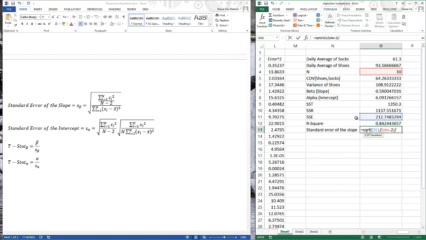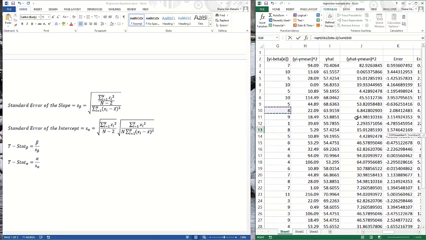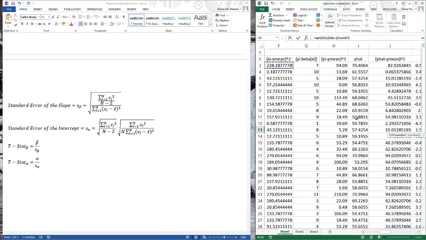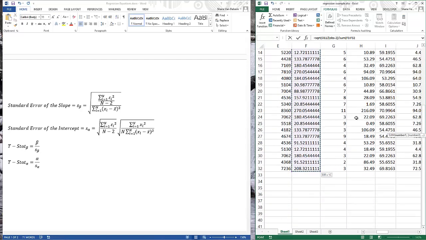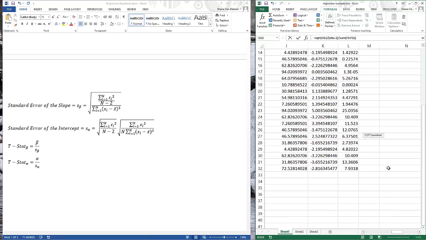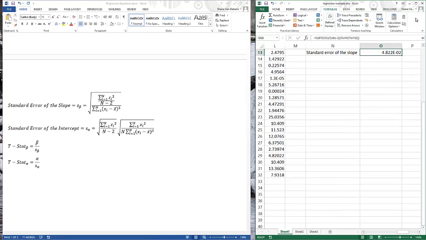And then I want to divide that by the sum of xi minus x mean squared. I want to put a closed parentheses there. And I get a standard error of the slope of 0.048.